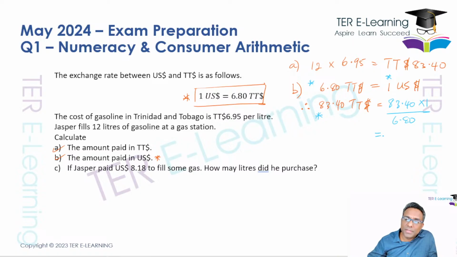When I work this out, I'm going to get about $12.26. And that is in US dollars. So that's how we perform a conversion like that.